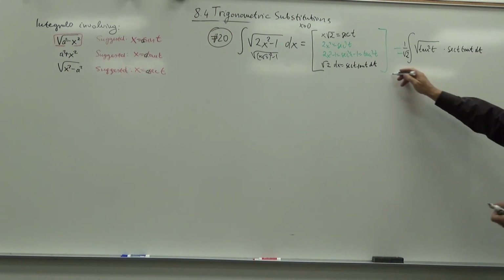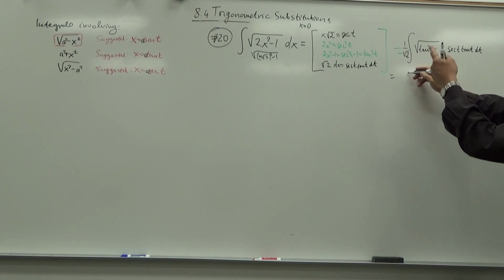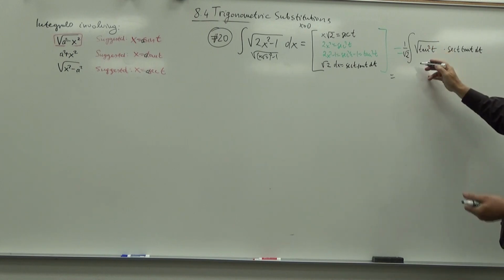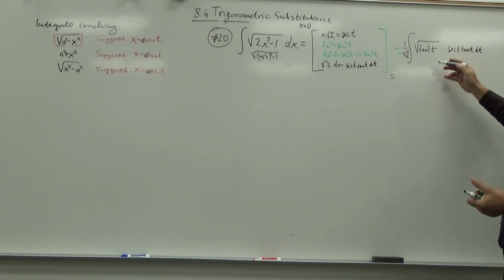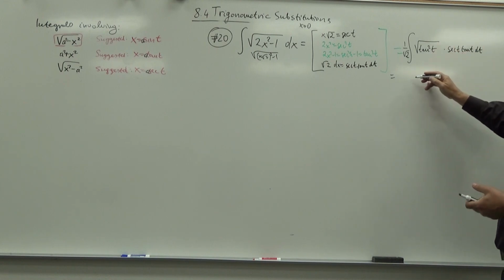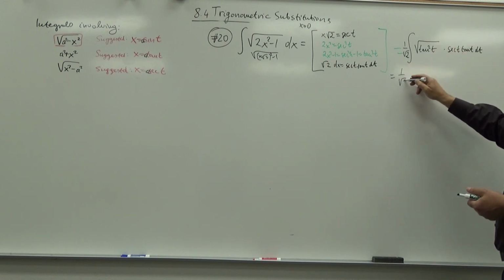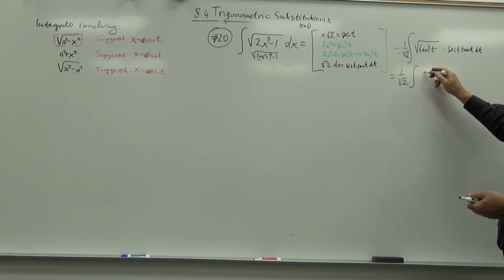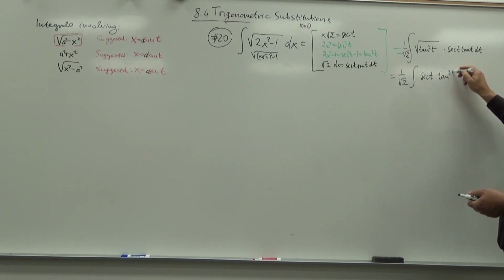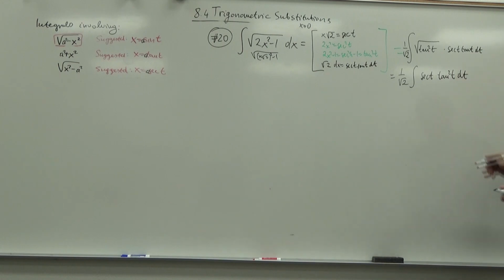Then I don't need to worry about absolute value here because we set x positive, t is in the first quadrant, tan t is positive, so nothing to worry about. 1 over root 2 integral of secant t times tan squared t dt.